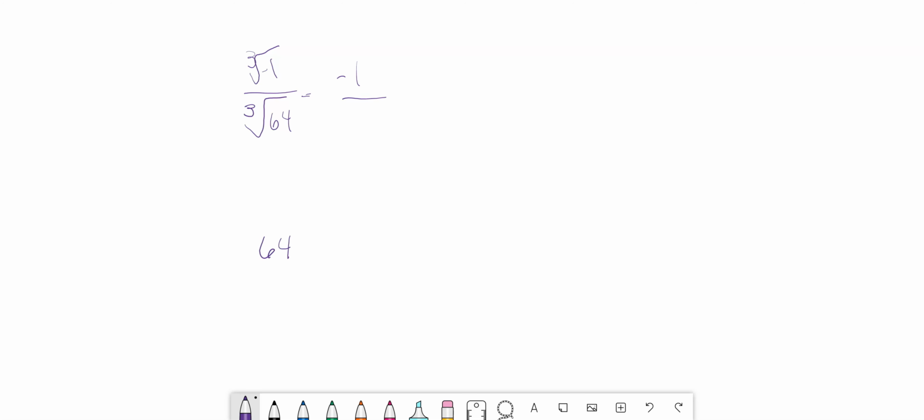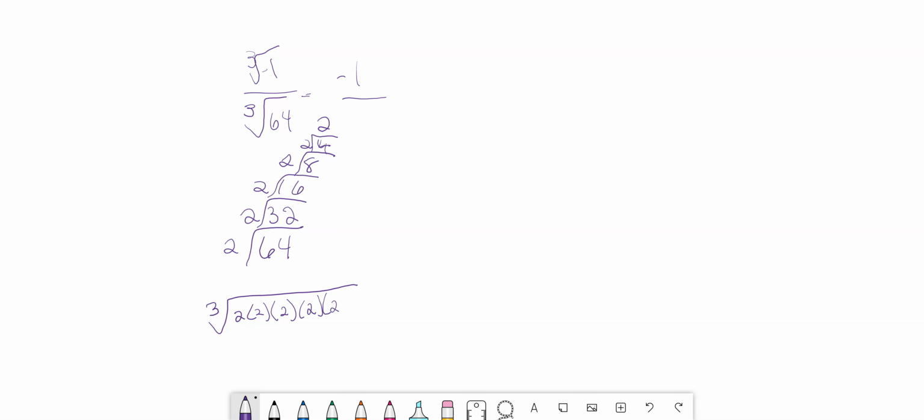So 64 divided by 2 is 32. Divided by 2 is 16. Divided by 2 is 8. Divided by 2 is 4. Divided by 2 is 2. 1, 2, 3, 4, 5, 6. 6 twos. So for the cube root, we have 2 times 2 times 2 times 2 times 2 times 2.